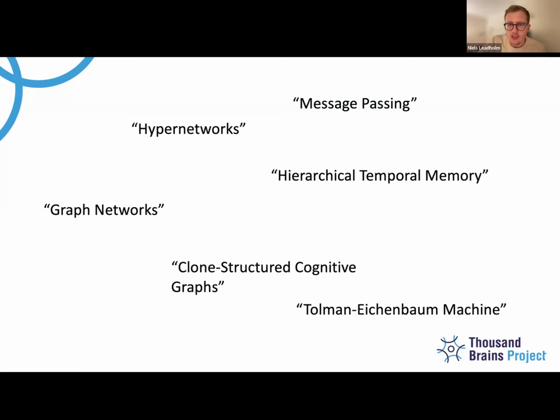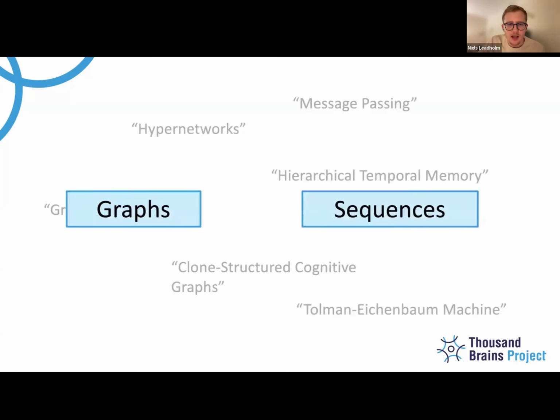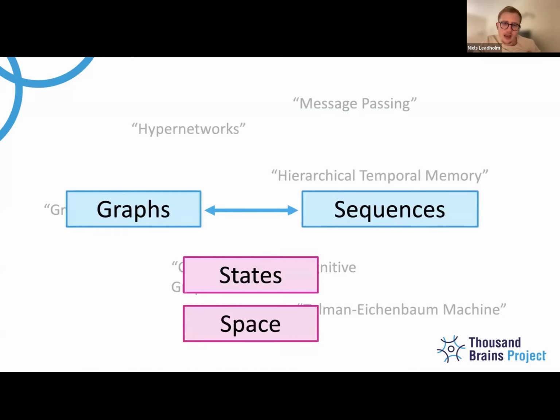So I'm trying to put a bit of structure to that, and in particular look at the big ideas of graphs and sequences, how they relate to one another, and how they relate to representing states and representing space.